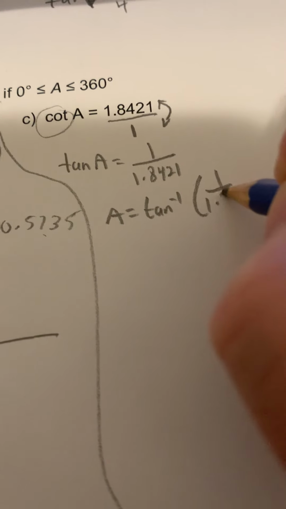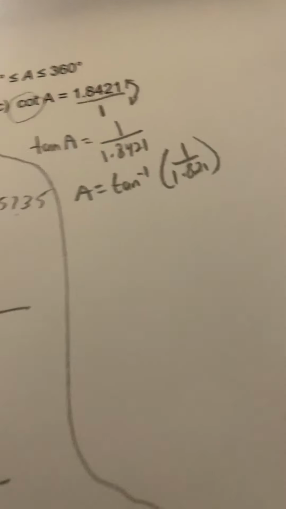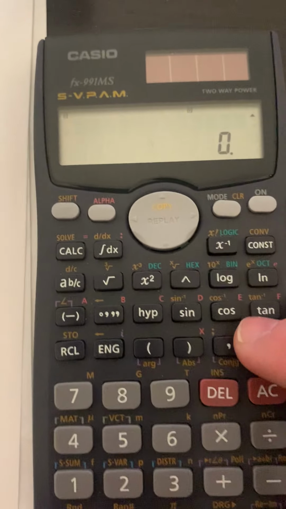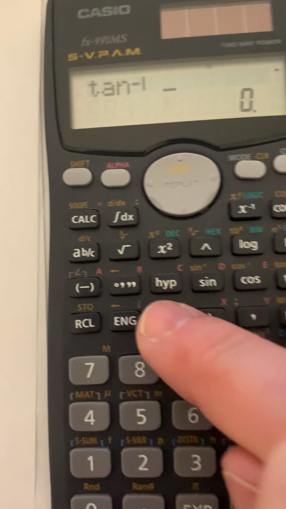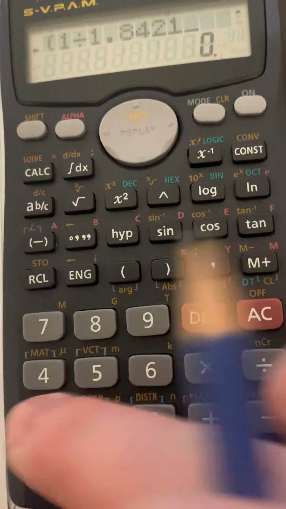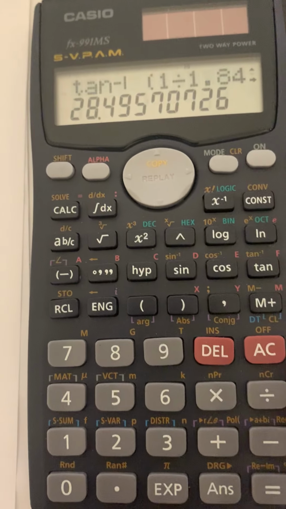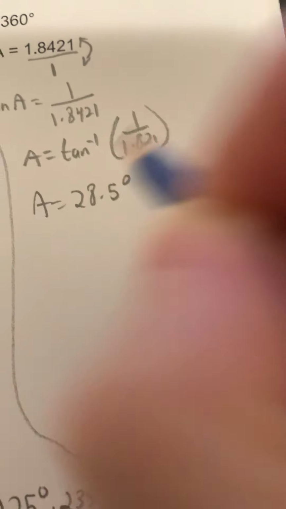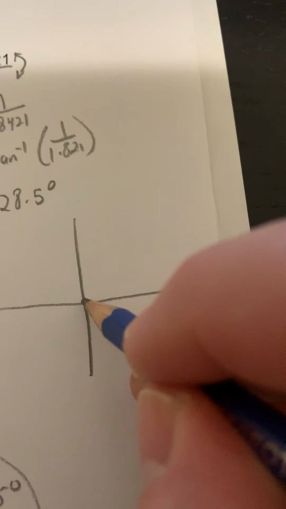So second function, tan, brackets, 1 divided by 1.8421, end bracket, and we get 28.something. We have to round it to one decimal, 28.5. So 28.5 degrees.